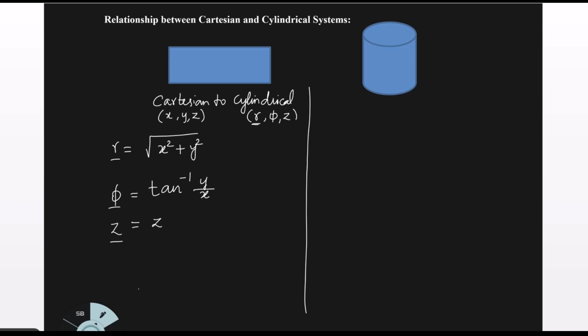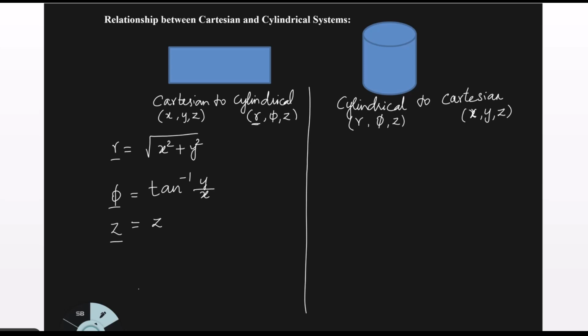Similarly, a cylindrical system is converted into Cartesian. The Cartesian system is also called the rectangular system. In cylindrical, the points are r, phi and z; in the Cartesian system, the points are x, y and z.